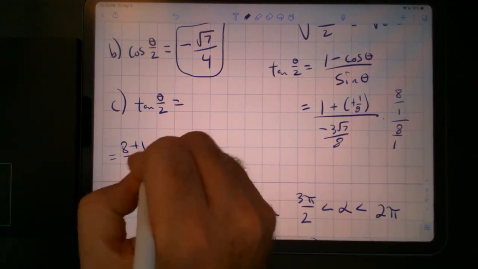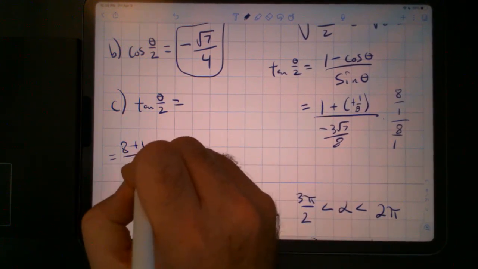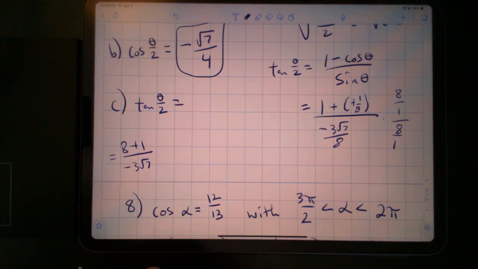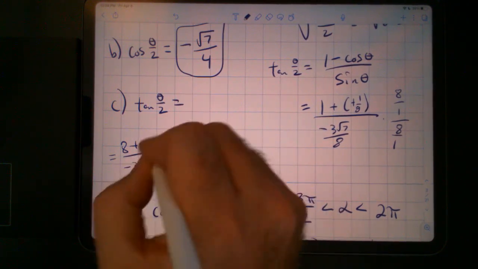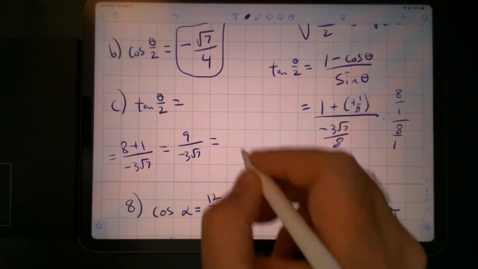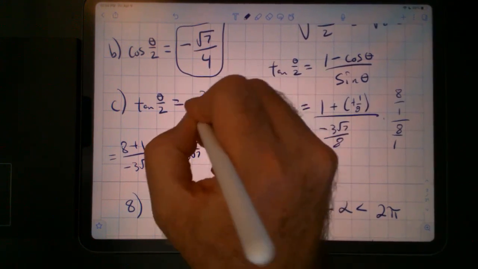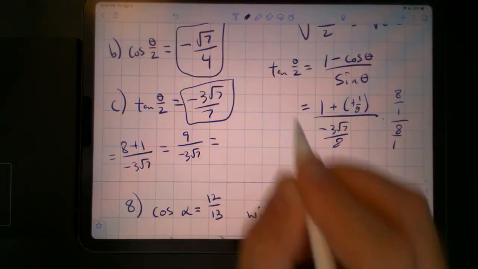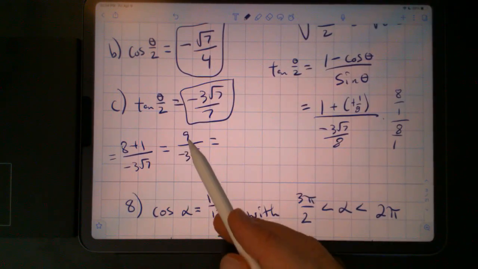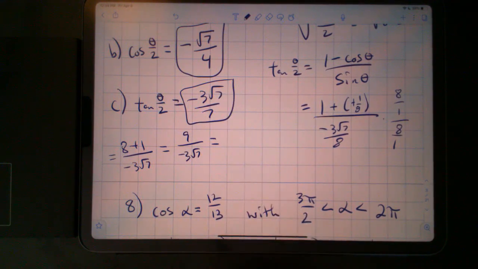And then plus 1 divided by negative 3 root 7, which is equal to 9 over negative 3 root 7. And so this would be negative 3 radical 7 over 7. 9 over 3 is 3. When you rationalize the denominator, you'll get radical 7 over 7.